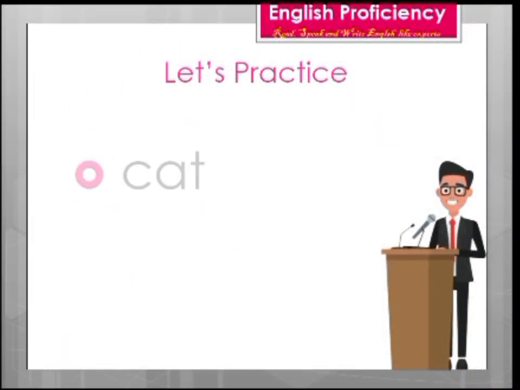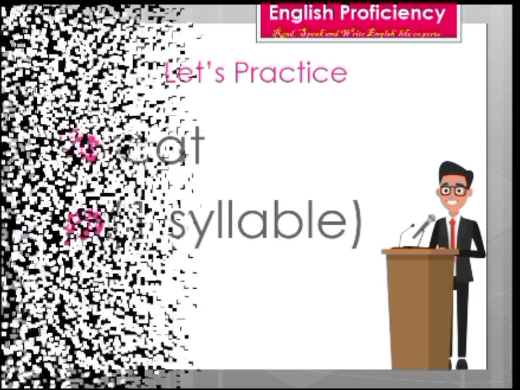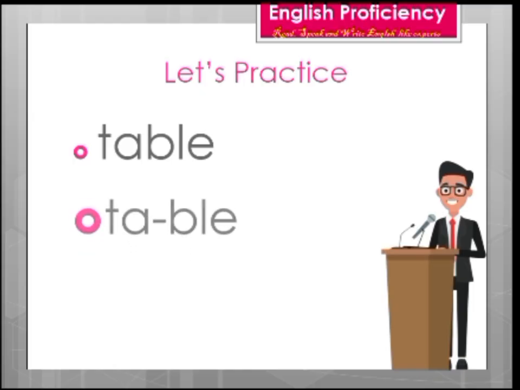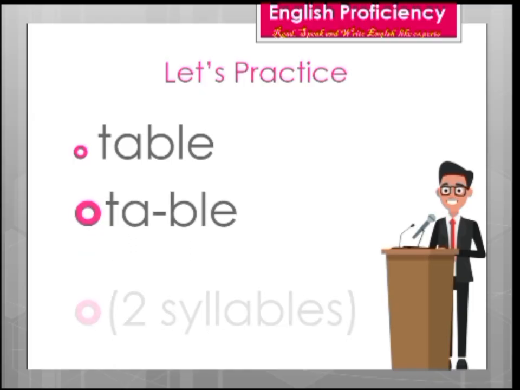So we're practicing again. This is just a 1-syllable word, which we can easily read as cat. 1 syllable. Look at the next. Good. So you break it into syllables. What do you have? Table. 2 syllables.